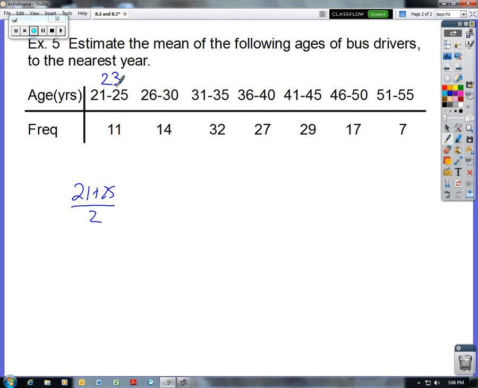But before I get too far ahead of myself, I need to go back, get rid of this, and make this a vertical chart. The reason is because I'm going to need to add some columns, and I can't do that when it's written the way it is.